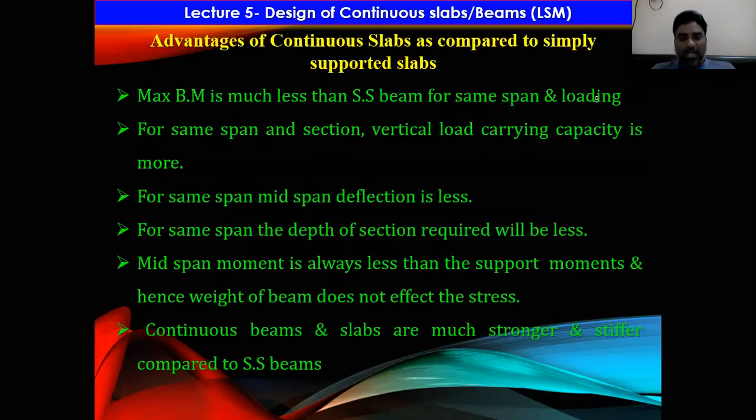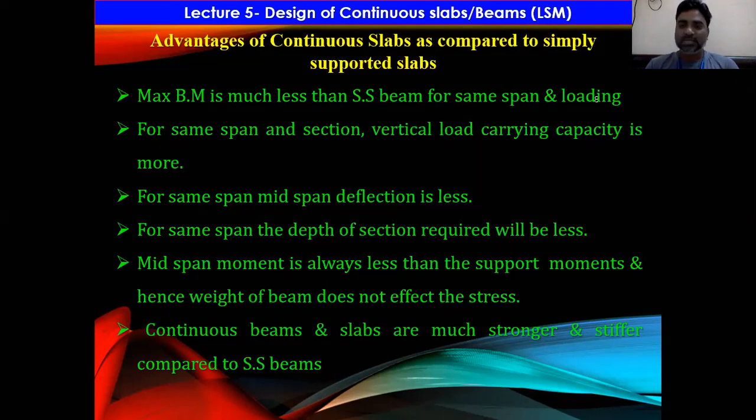So what are the advantages of continuous beams or slabs as compared to simply supported beams or slabs? See, the maximum bending moment occurring in continuous beams is much less as compared to a simply supported beam for the same span and loading conditions, right?